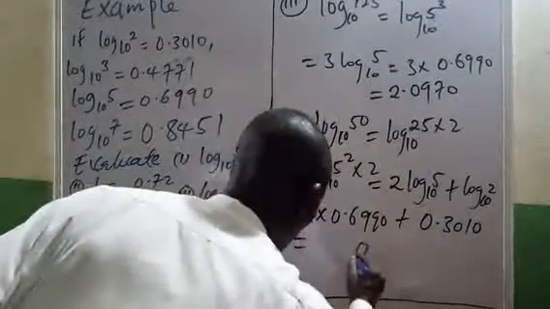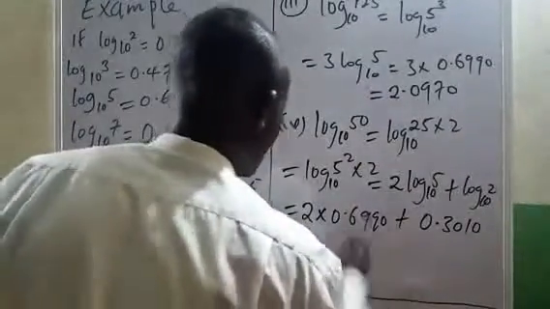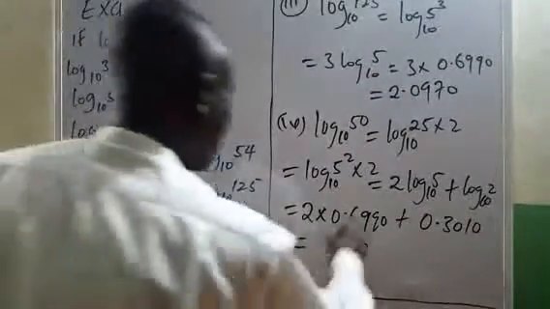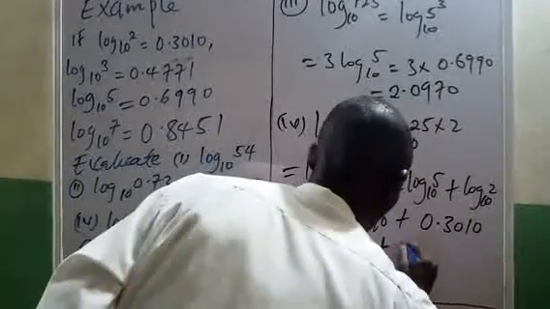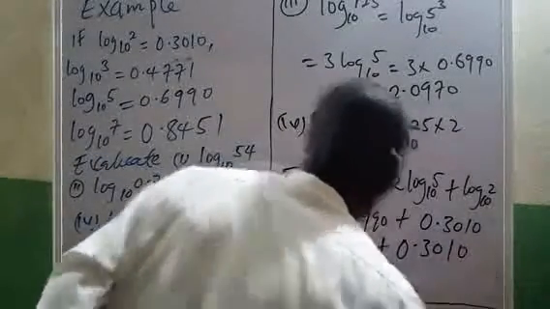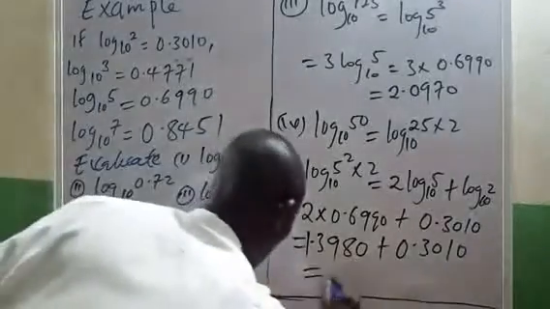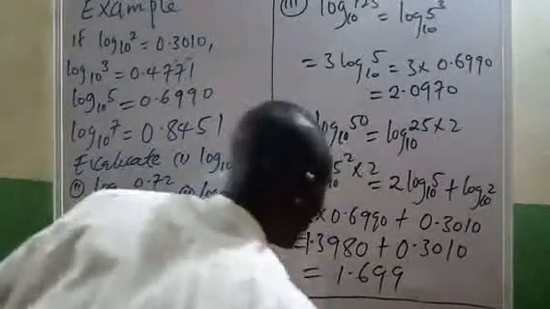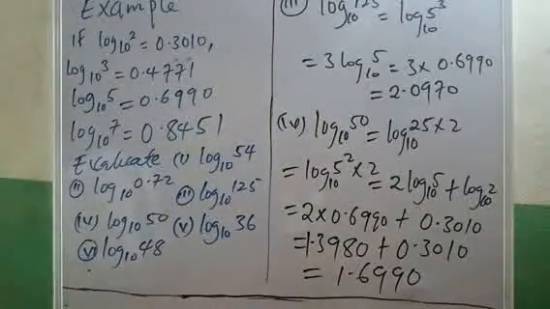This is equal to 0.8. You carry 1. Here is 9. Then you carry what? 1 times this is what? 3. Here is 1 plus 0.3010. So our final answer there is 1.6990.